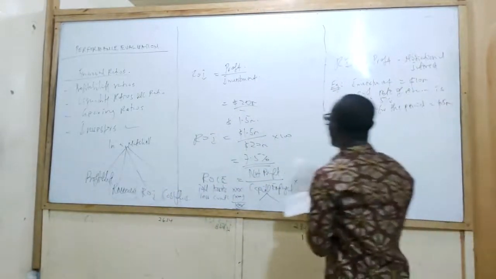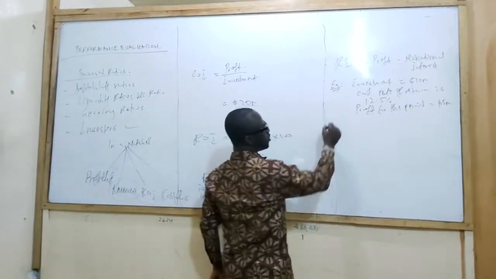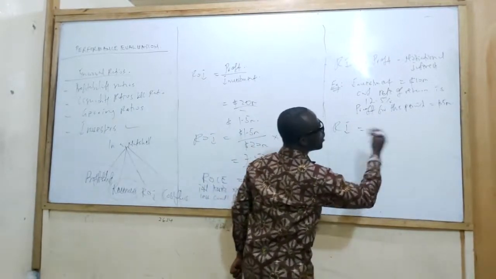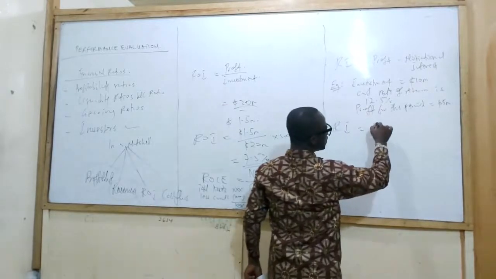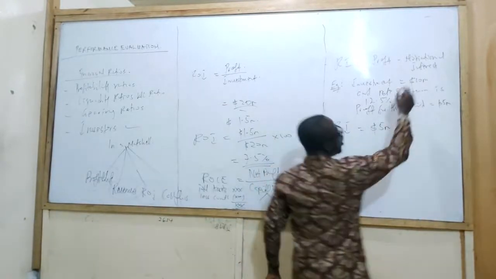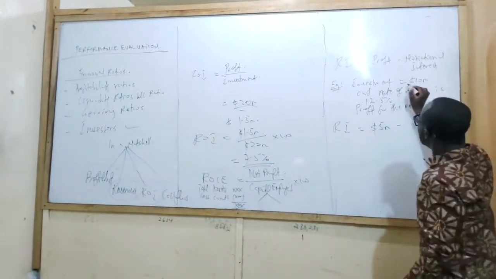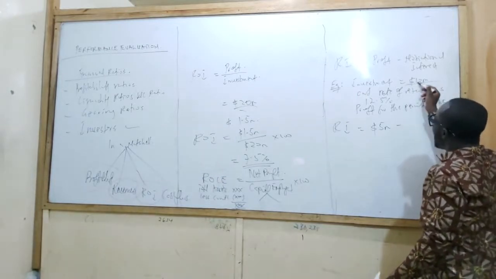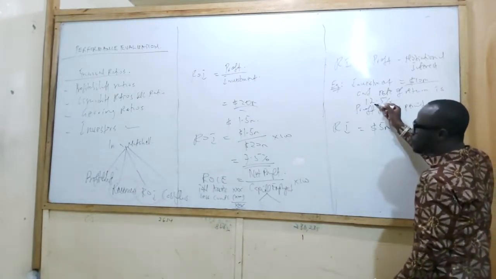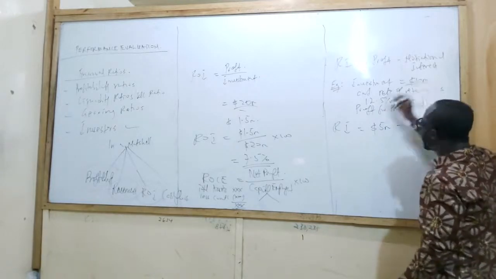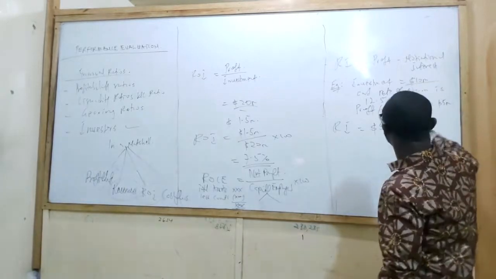So from this scenario, the residual income is the profit we made, which is 5 million, minus notional interest. The investments require a return of 12.5%. That is the notional interest.